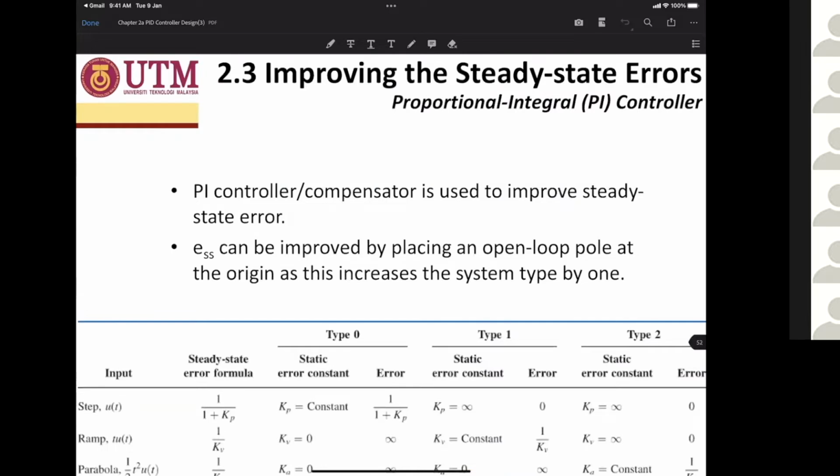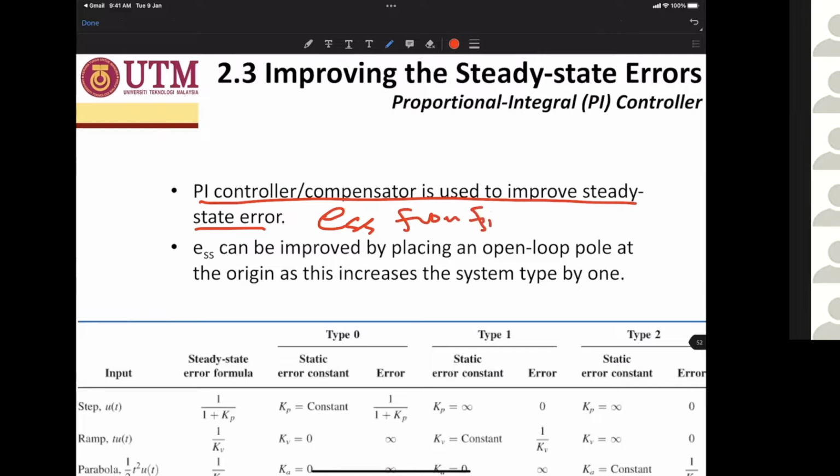Please remember, PI controller is used to improve steady state error, meaning that ESS goes from a finite value to 0. Finite value ni 1, 0.5, 0.6, any value.